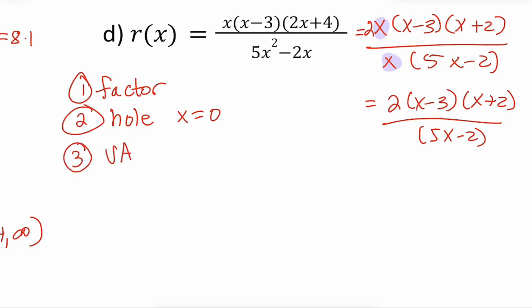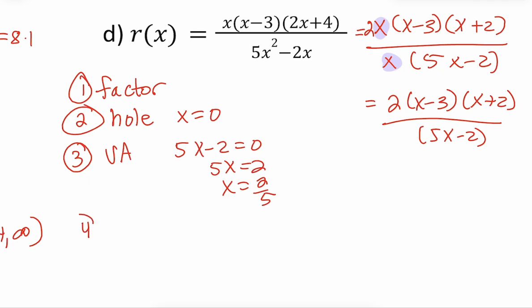Vertical asymptotes are the remaining factors in the denominator, and where do they equal 0? So it's just where 5x minus 2 equals 0. Add 2 to both sides, divide by 5. So there is a vertical asymptote at 2/5. So what have we skipped? We've skipped 0. We've skipped 2/5.